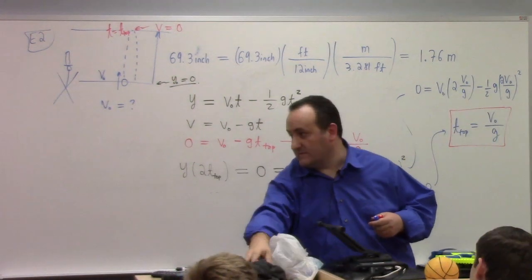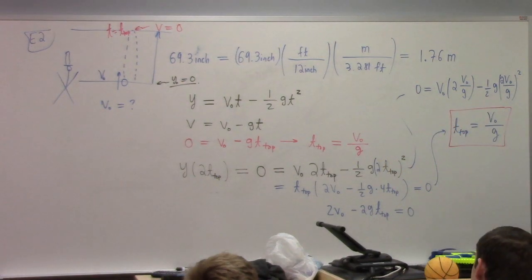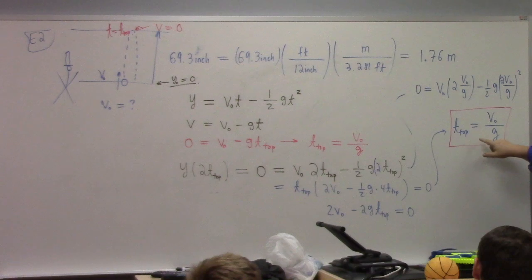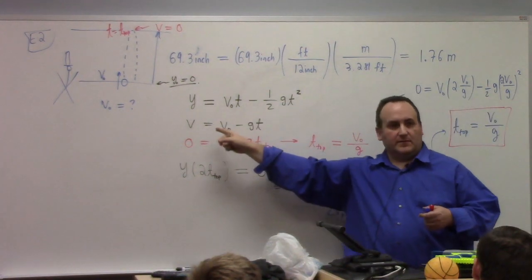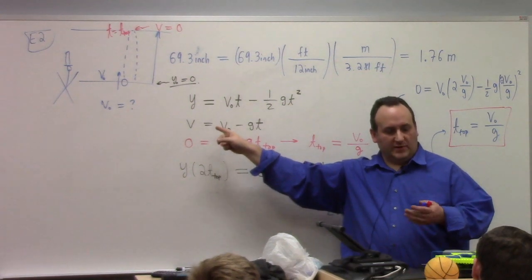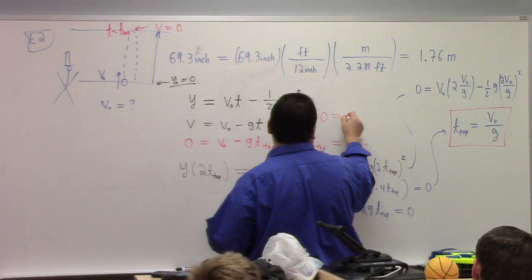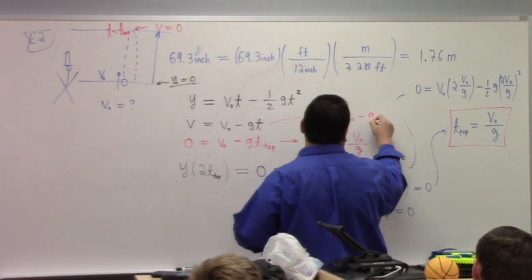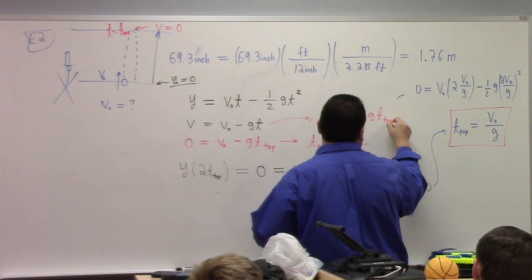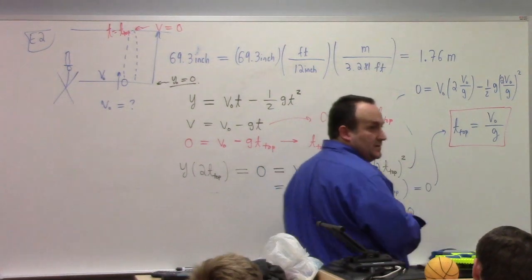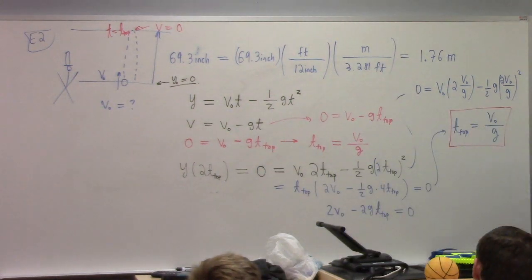Because that's going to have to be in play here. So this is obvious because if you just use this equation right here, we could have just got it directly from here, yeah? 0 is equal to v naught minus g Ttop, right? So of course, that's the time to the top. That's the easier way to find it.